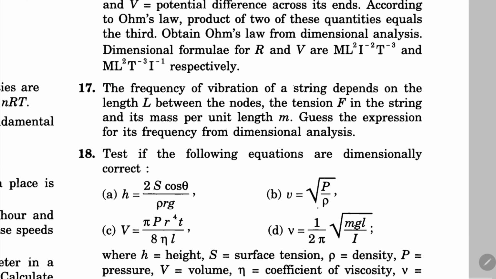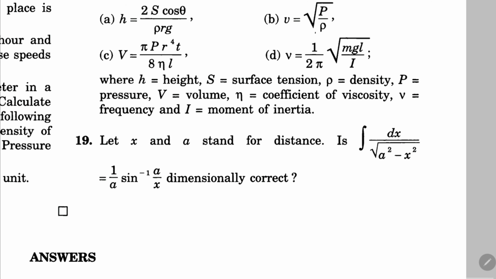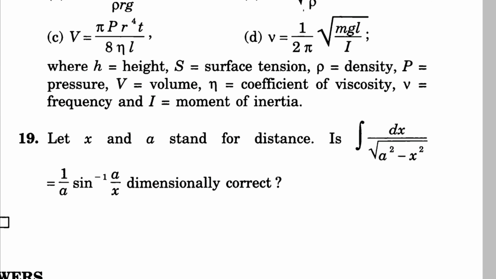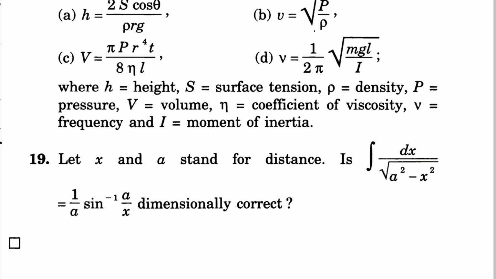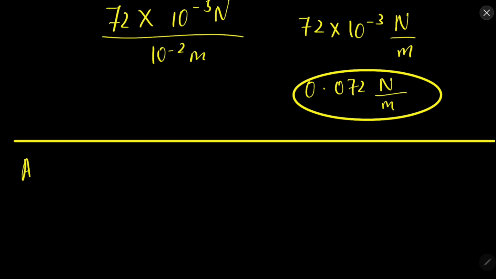Now let us try to do question number 19, which is a bit different. So let x and a stand for distance. Okay, so x and a have the dimensions of distance. So we have to check whether these two sides are dimensionally equal or not, dimensionally correct or not. So solution 19.